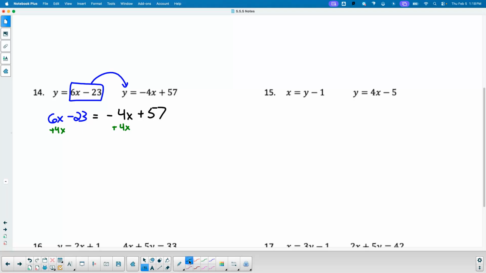That's going to give me 10x minus 23 equals 57. Let's add 23 to both sides. That gives me 10x equals 80. Let's divide both sides by 10. That gives us x equals 8.